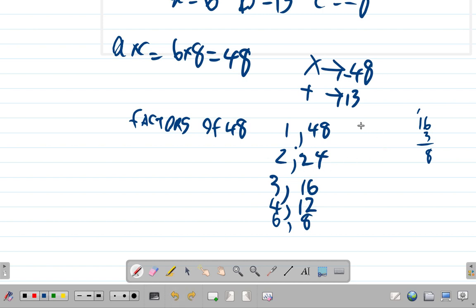So basically we have 1 and negative 48. We also have negative 1 and 48. We have positive 2 and negative 24. We also have negative 2 and positive 24. We have positive 3 and negative 16, and we have negative 3 and positive 16. You see, because we have a negative 8, it means one must be positive and one negative, but we don't know which one.